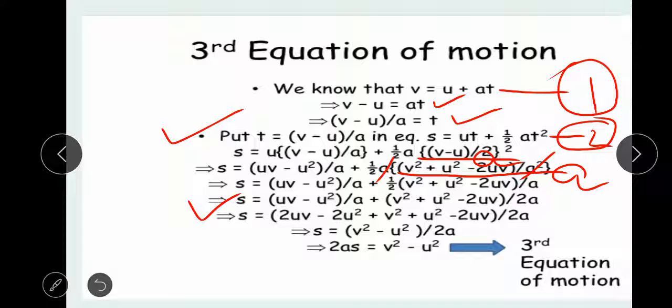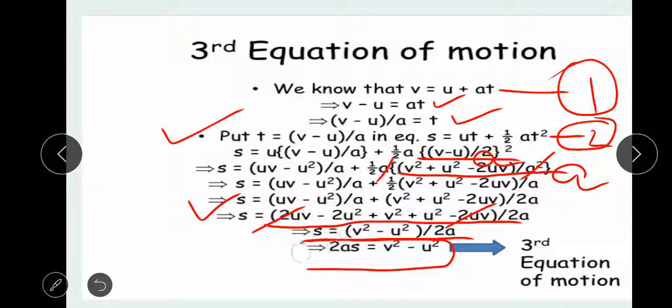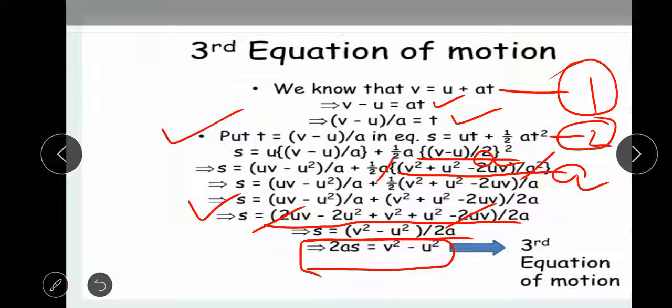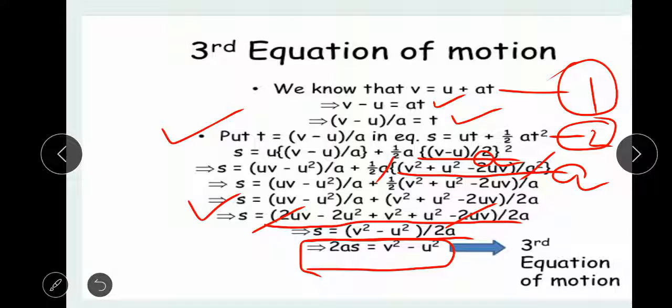Now, taking LCM, you will get (2uv - 2u² + v² + u² - 2uv)/2a. Here, cancelling out 2uv having opposite signs, you will get (v² - u²)/2a in the final, and hence you get the required derivation of the third equation of motion, v² - u² = 2as.